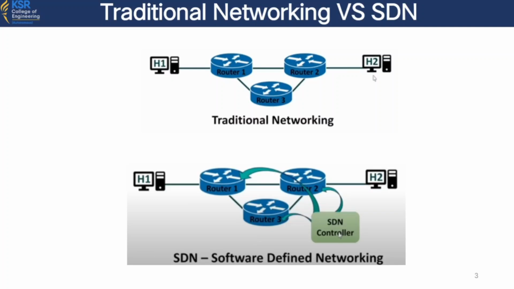So in this traditional networking, these routers take the decision of routing the data. Now how are those decisions taken? Those decisions are taken based on a routing algorithm as well as a routing table.